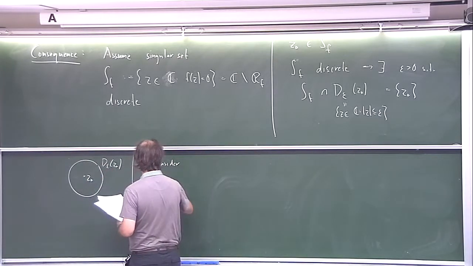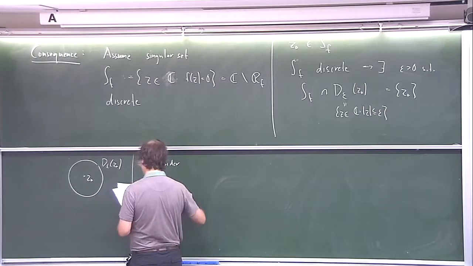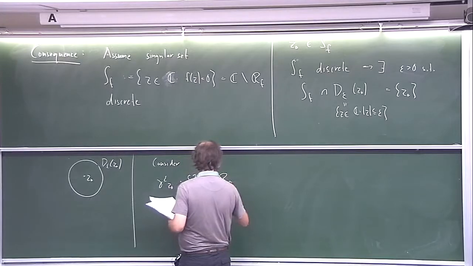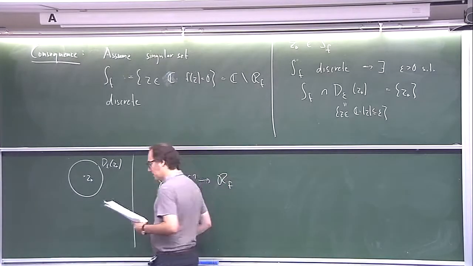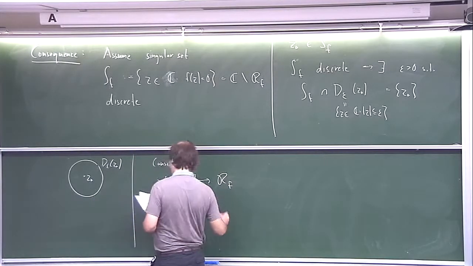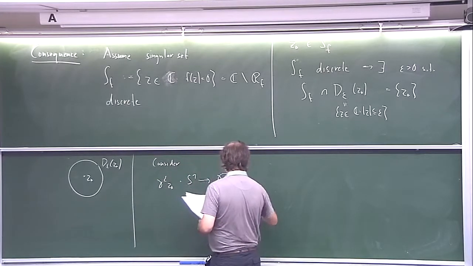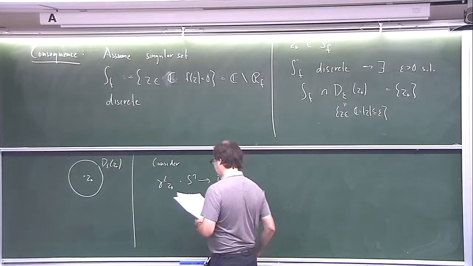So consider gamma epsilon of z0 from S1 to the regular set, since the boundary is in the regular set, t goes to z0 plus epsilon e to the 2 pi i t.